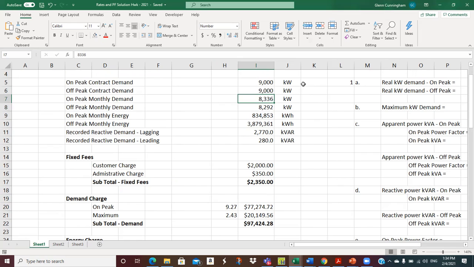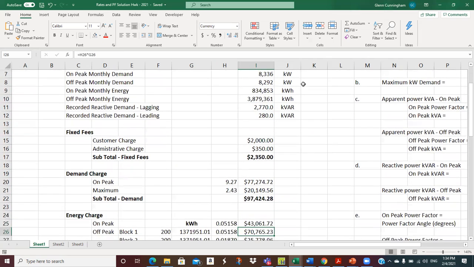Again, the on-peak is bigger, so they're going to pay that. So it's $2.43 additional times that same value. If you add those two together, their demand charge is cool. They slipped it under $100,000. A cool 97,000 and change.